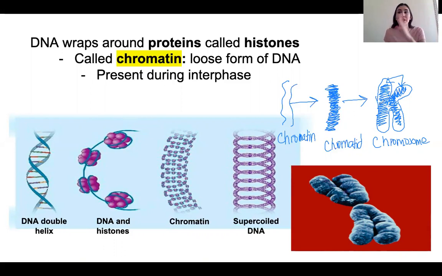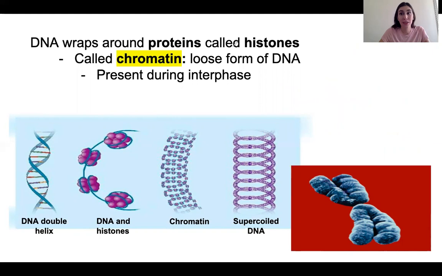And remember, they are basically identical copies of each other, because in S phase, this chromatid ended up being duplicated, and an identical copy was created, and you end up with this chromosome. So make sure that you know how chromatin, chromatid, and chromosomes are related.